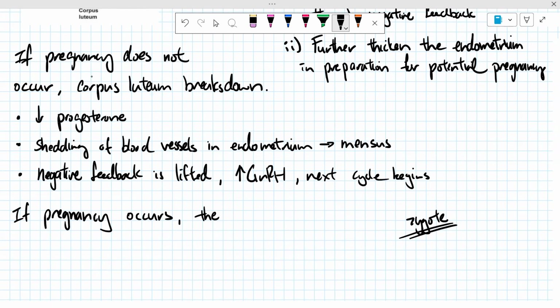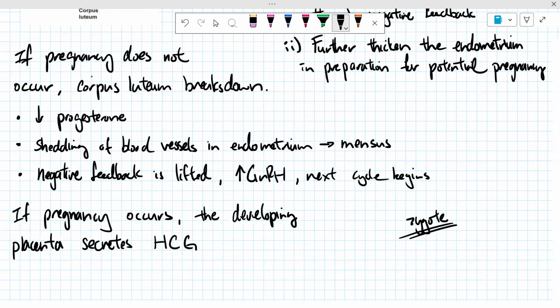One cell becomes two, two becomes four, four becomes eight, and eventually it becomes the embryo, which then implants into the endometrium, and then the developing placenta secretes another hormone called HCG. It's in the PowerPoint. It's called the human chorionic gonadotropin. Very long name. We're just gonna look at it from the PowerPoint later.